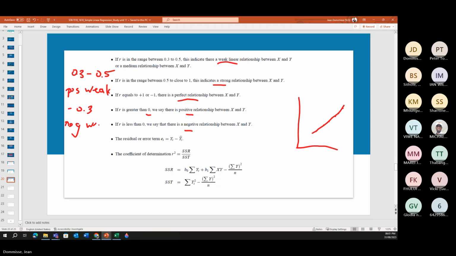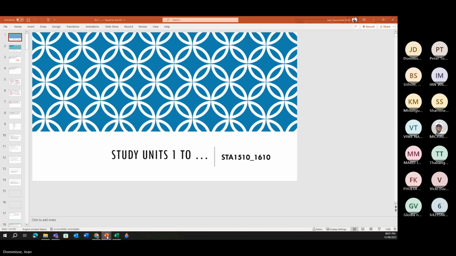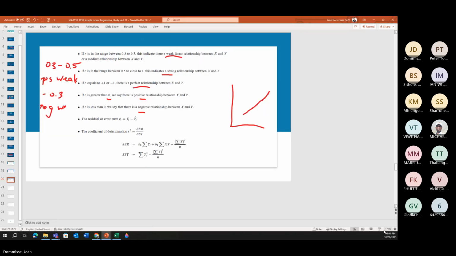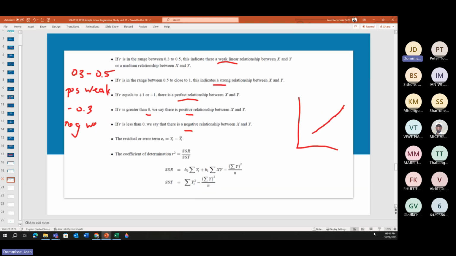So they can nearly group that 0.3 to 0.5 and 0.5 to 1 with a positive or negative. So if I had a positive 0.7, it is a positive strong relationship.